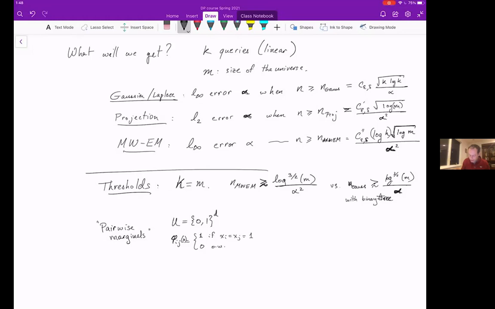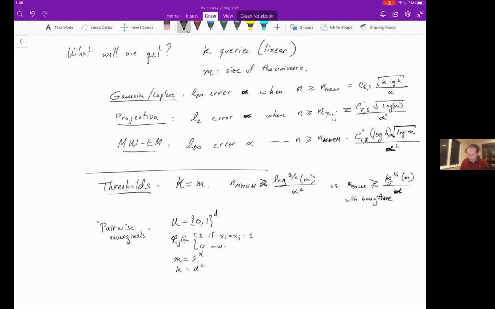So the corresponding query counts in how many records of the data set both of these attributes are set to 1 at the same time. Here the size of the universe is 2 to the d, and the number of queries is something like d squared.